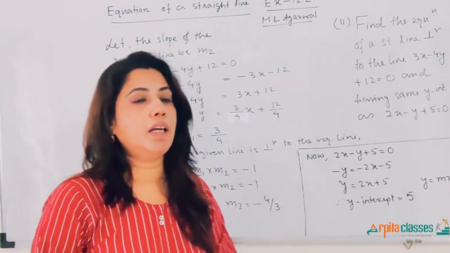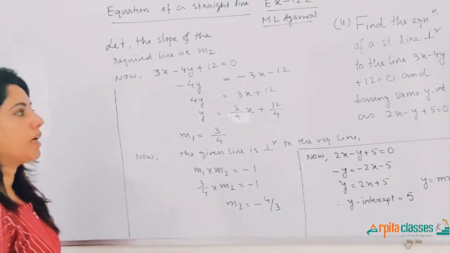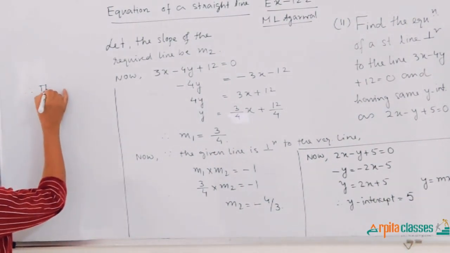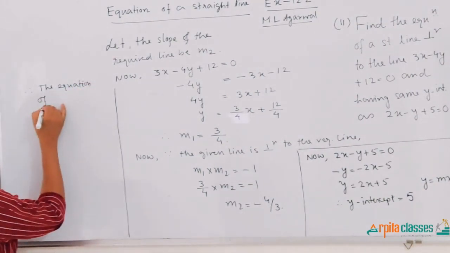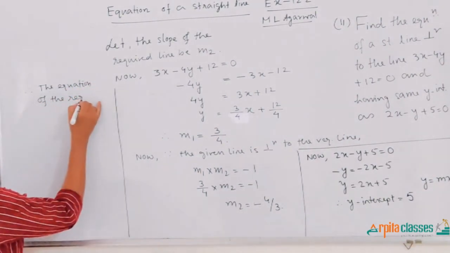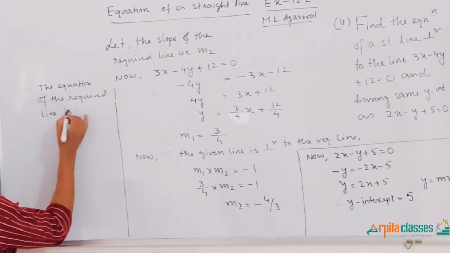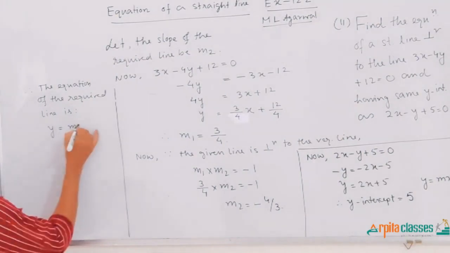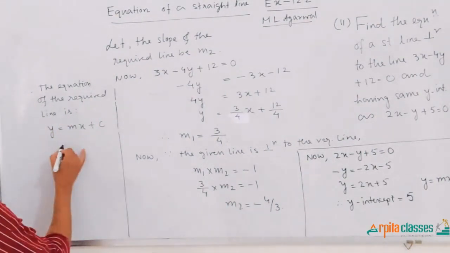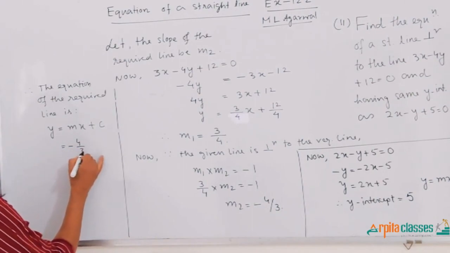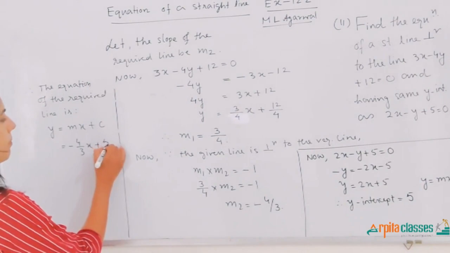So now we can get the equation in the form of y is equal to mx plus c. Therefore, the equation of the required line is y is equal to mx plus c. Now in place of m we are going to put minus 4 upon 3, minus 4 upon 3 x plus, in place of c we are going to put 5.